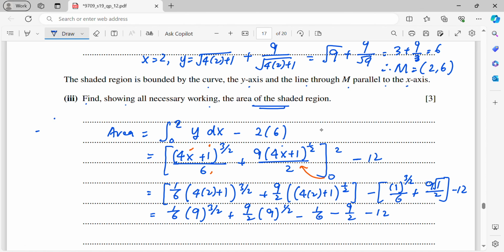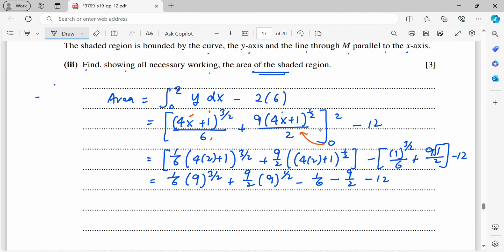Then minus 12. Then from here, you will be getting 9 over 2 plus 27 over 2. So these two terms will be minus 14 over 3. Then minus another 12. Therefore, the final answer is 4 over 3. That is your area of the shaded region.